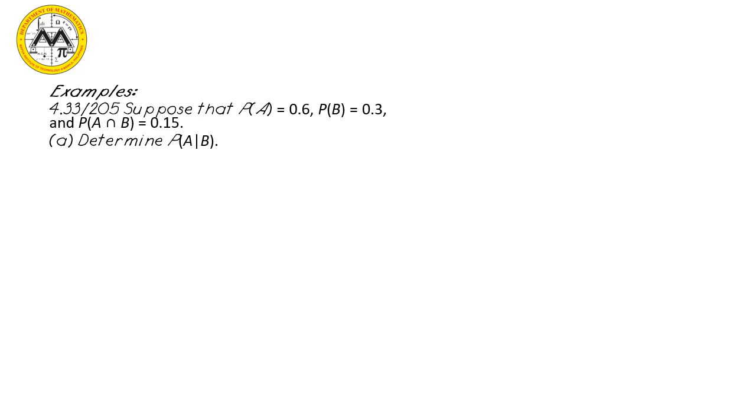Determine the probability of A given B. P of A given B is P of A intersection B over P of B. So 0.15 over 0.3 is 1/2.